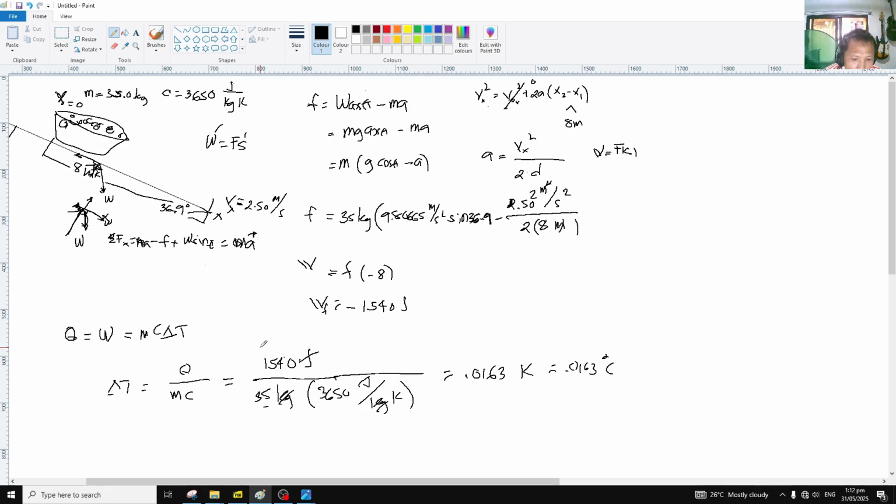And that should give us 0.012 Kelvin. 0.0120, because we can put a 0. So, that's it.